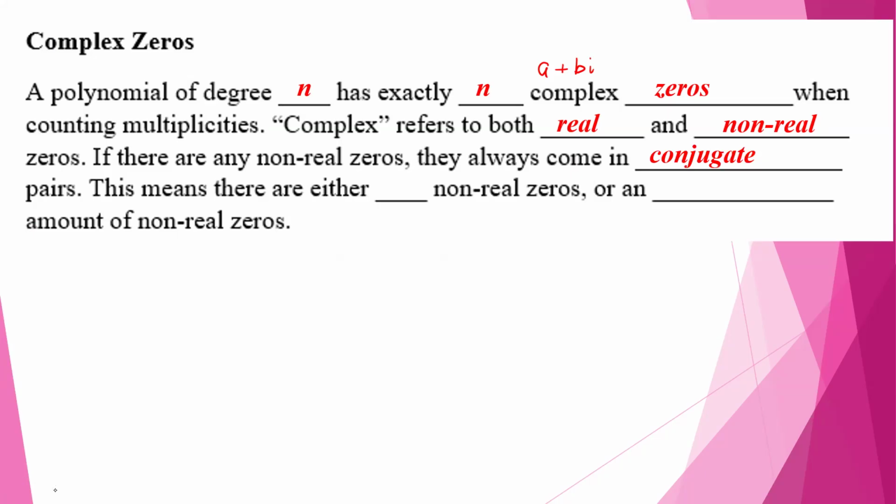And we'll talk about conjugate in a minute. You guys remember? So that means you either have none or an even number of non-real zeros. You can't have 3 imaginary answers. It's not possible, okay? So you either have no non-real zeros or an even number.